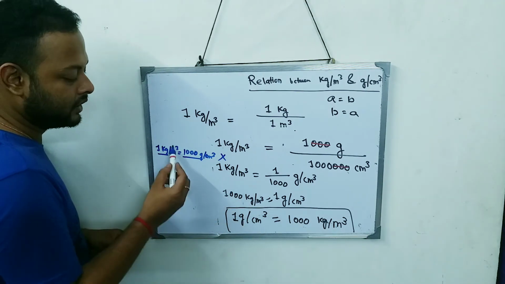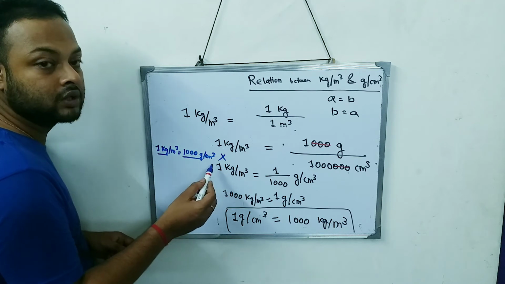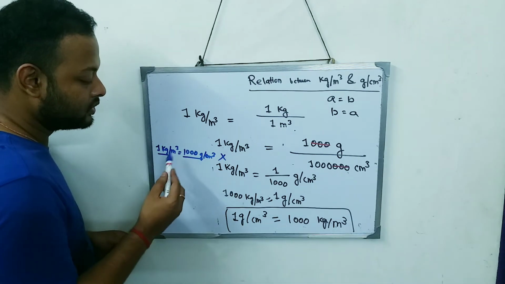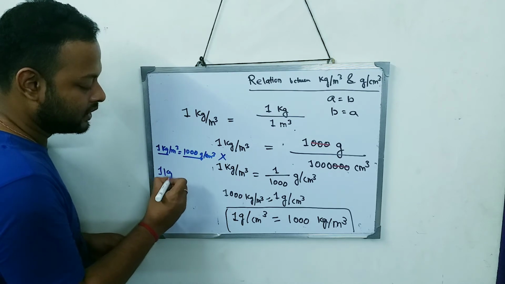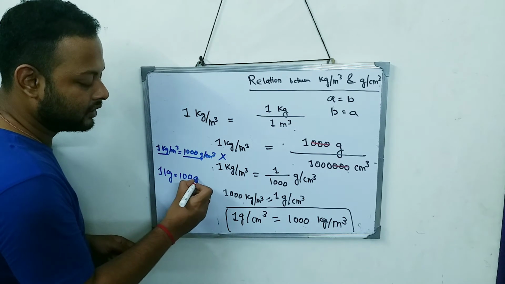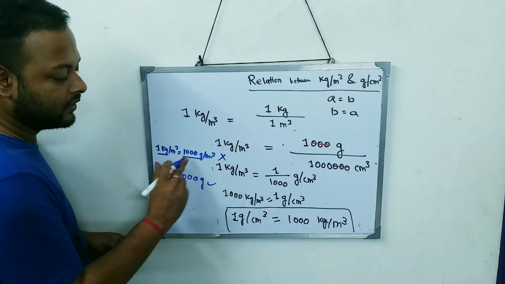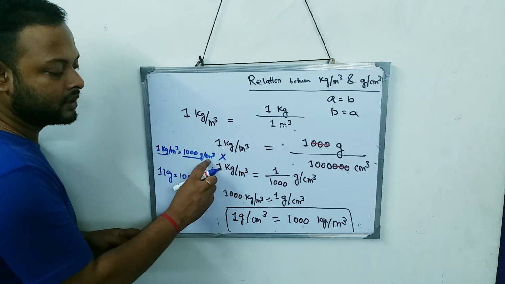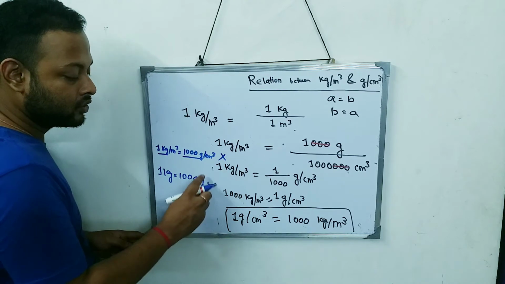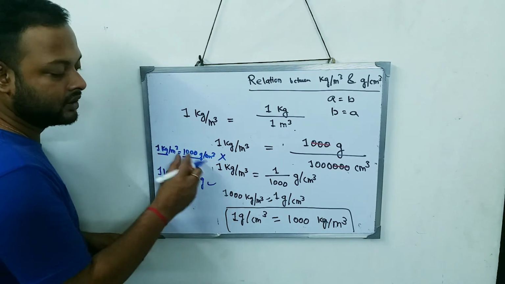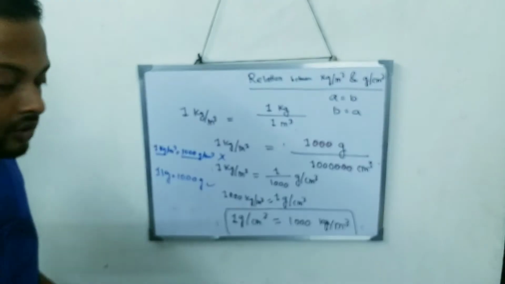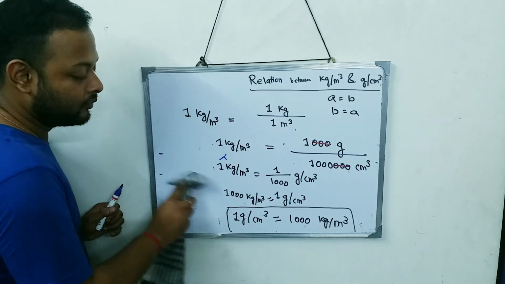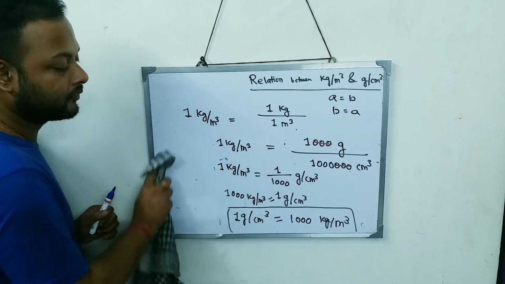It is not 1 kg is equal to 1000 gram. This is correct, but this is different. You see, this and this one are two different things, because meter cube and centimeter cube is added to it. So you just cannot put this thing in this way. It becomes totally wrong. So you have to know the correct thing over here.